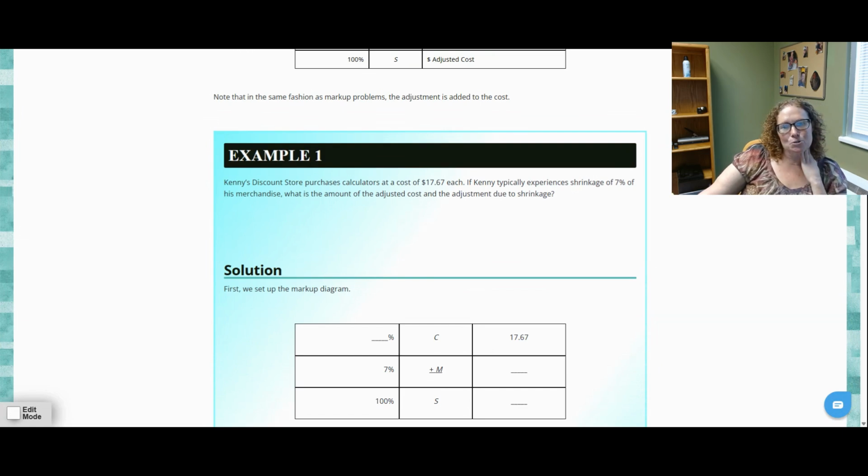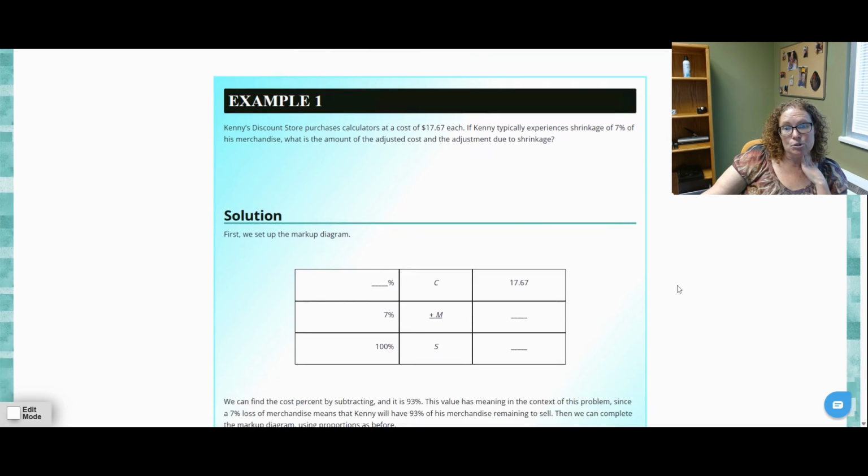So Kenny's discount store purchases calculators at a cost of $17.67 each. If Kenny typically experiences shrinkage of 7%, what is the amount of the adjusted cost and the adjustment due to shrinkage?